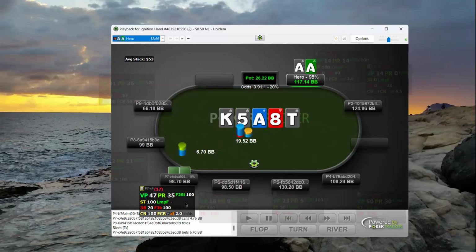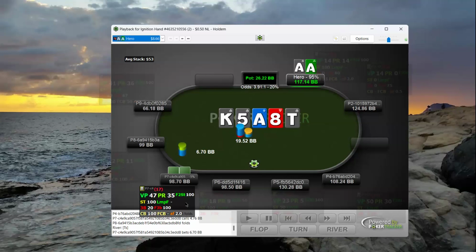I think the ace of spades and king of spades is important. However, the one thing I would think about here is what part of a fish's range gets expanded, and I think a lot of times it's suited combos. Suited combos are a big part of what the expansion is. But it seems really nitty to call at this bet size.